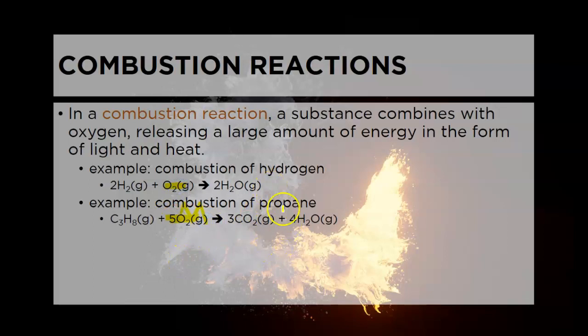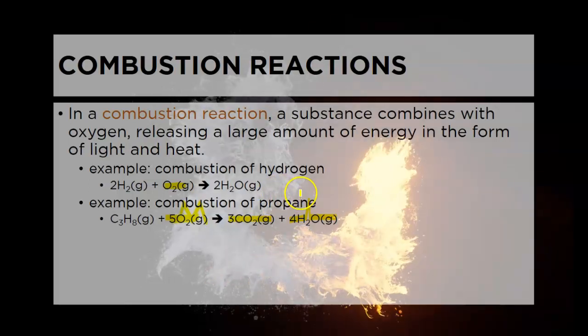And then classic combustion of propane, any hydrocarbon like propane, you're going to see CO2 and H2O. On homework 8A, you probably saw a lot that had CO2 and H2O. Those are usually combustion reactions. So that's one thing I always look for first is if there's CO2 and H2O, I know that's a combustion reaction.